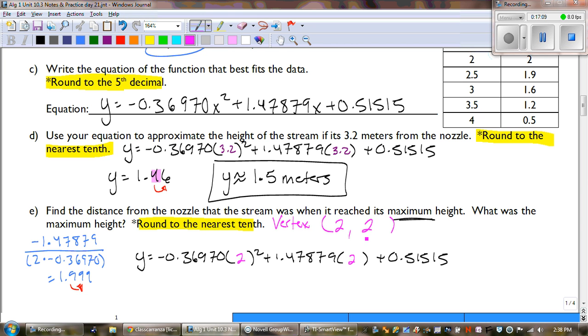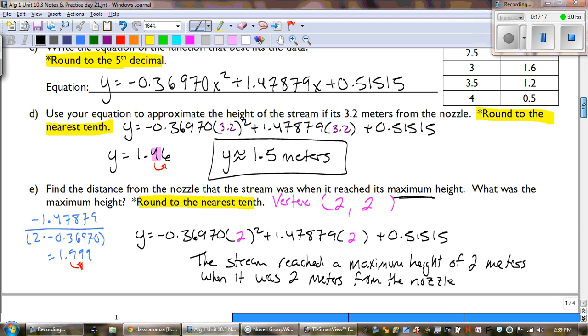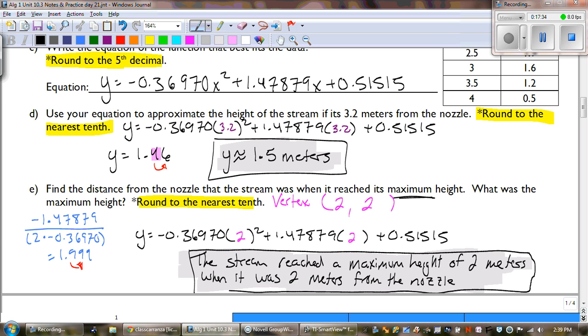So this is what I would say. So the stream reached a maximum height of 2 meters when it was 2 meters from the nozzle. Okay, so that's my final answer. I'm going to put a box around it.